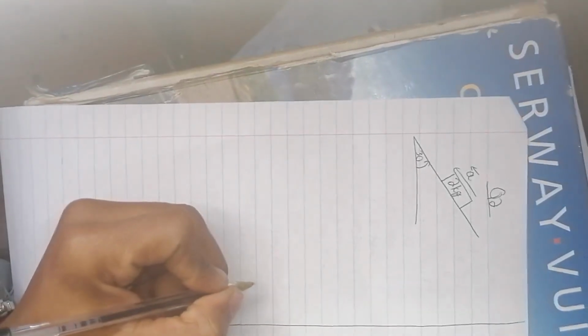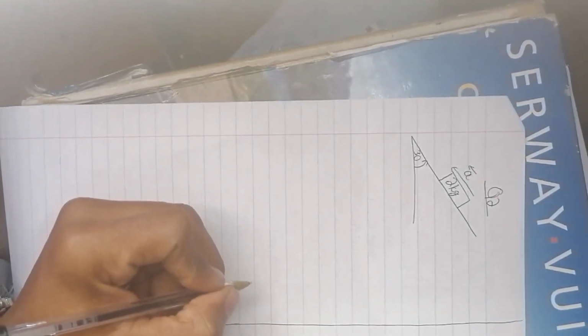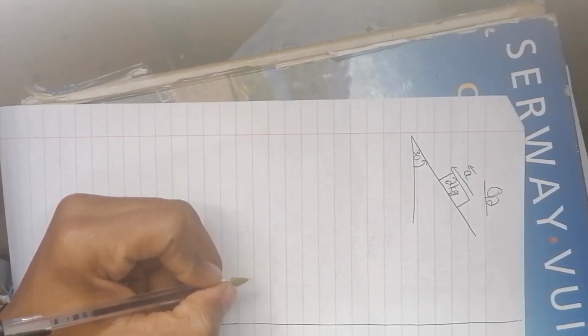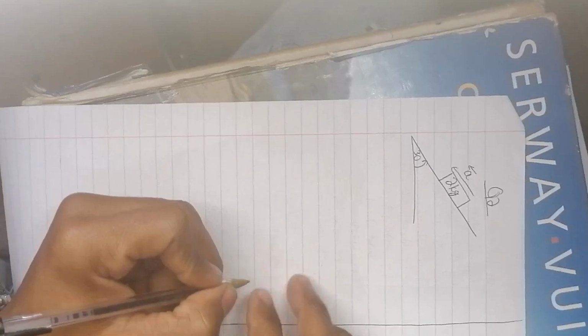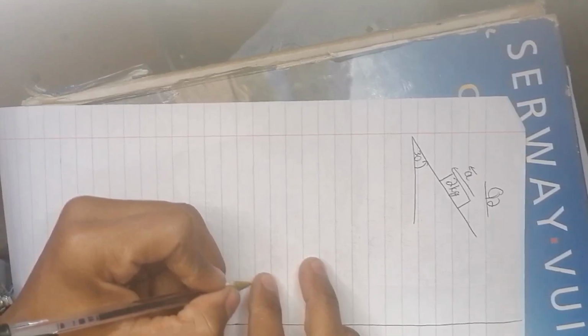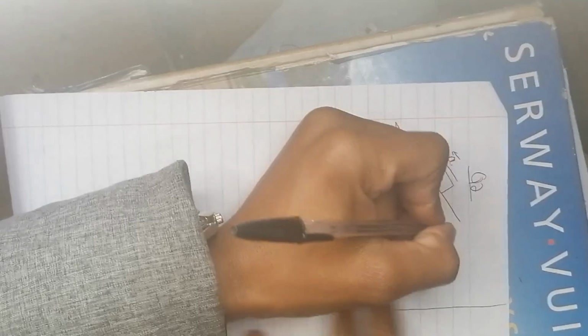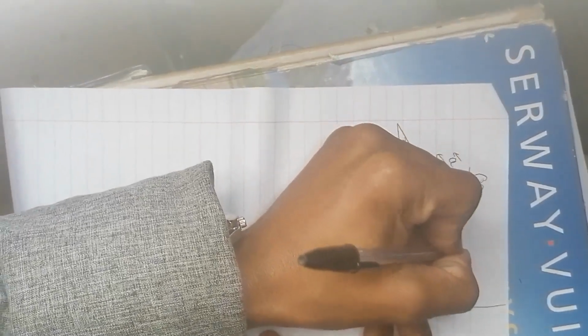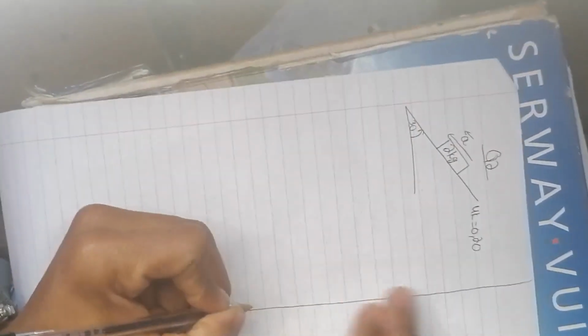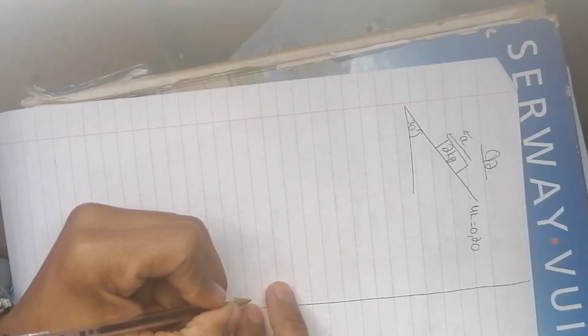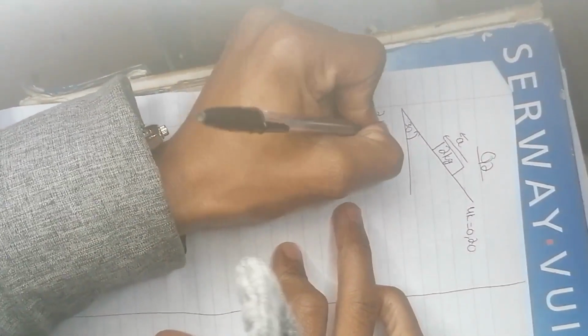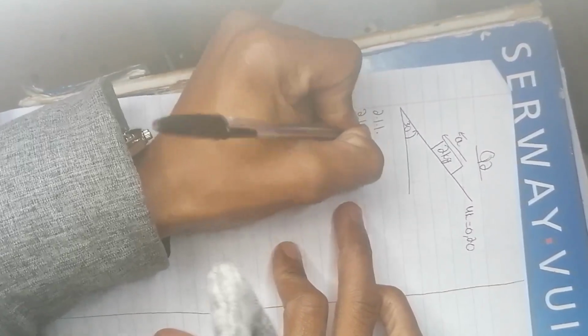Acceleration is a vector, and they say in the first problem, the coefficient of kinetic friction, which is mu k, between the block and the plane, is 0.2. So mu k is 0.20. That's fine. Define the term kinetic friction, frictional force. I'm not going to define that. That is for you to look up in your manual.